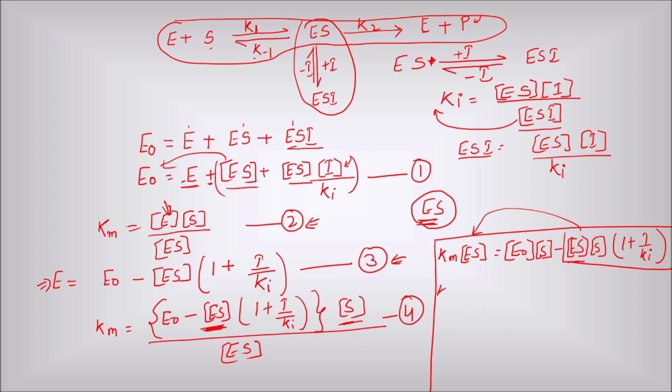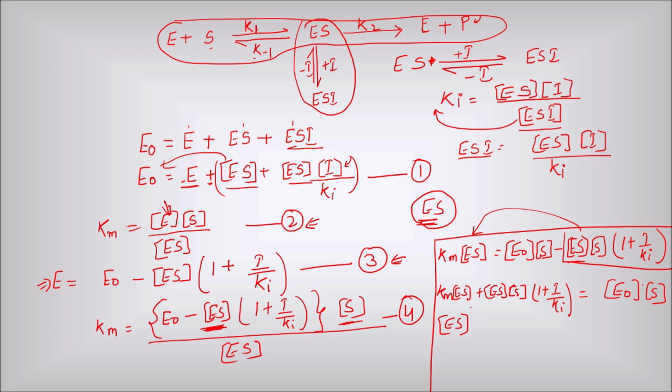So what I will be having is Km into ES plus ES into substrate concentration, multiplied by 1 plus the inhibitor concentration by Ki, and it will give E naught into S. Okay, now finally I have got the value for the ES.